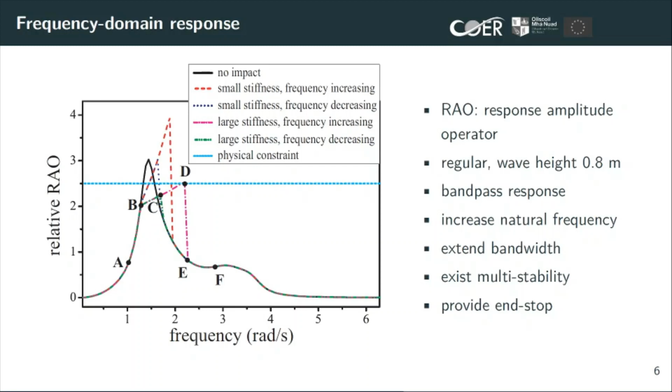This is expected for a two-body point absorber. The relative RAO is small when the wave frequency is lower than the natural frequency. This shows a high survivability in actual sea states, as the actual waves are of low frequency.